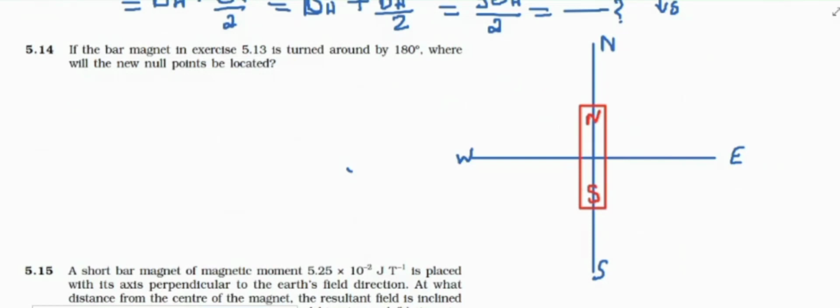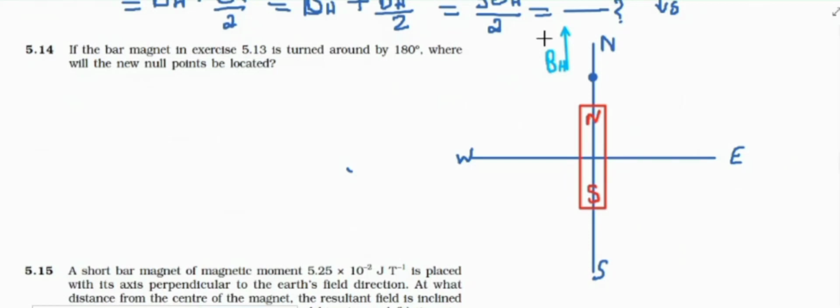And the same BH is acting from south to north. Now here you take a point at the axis. Now the north pole is there, so you can see the difference.